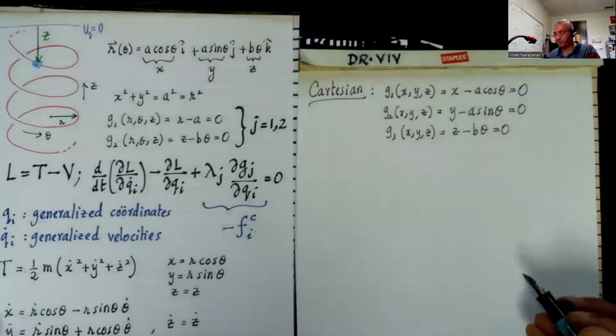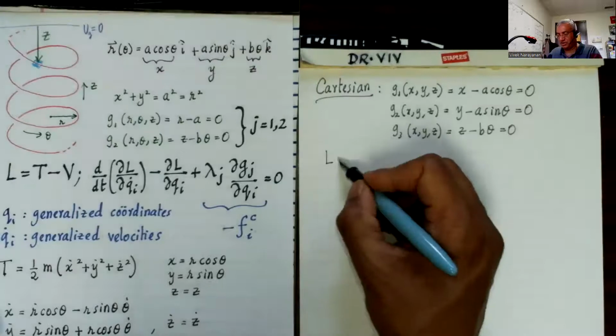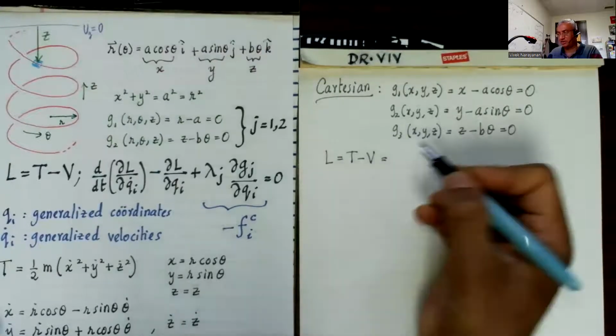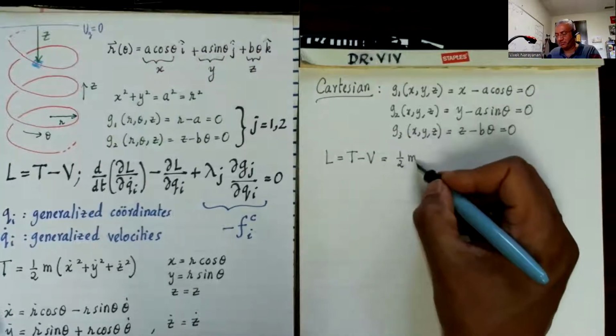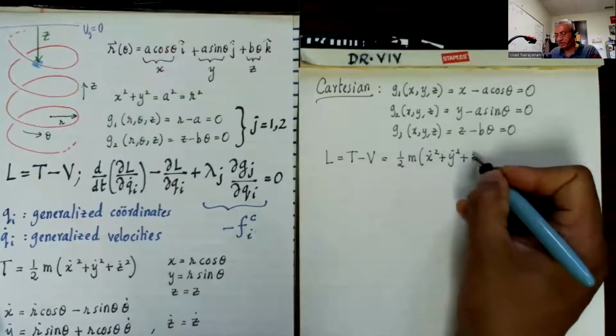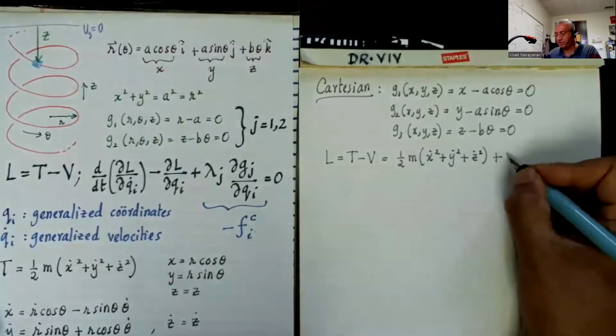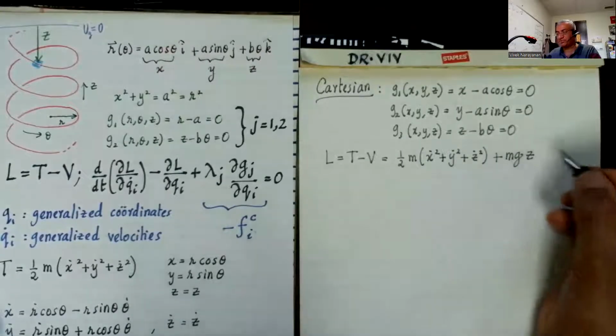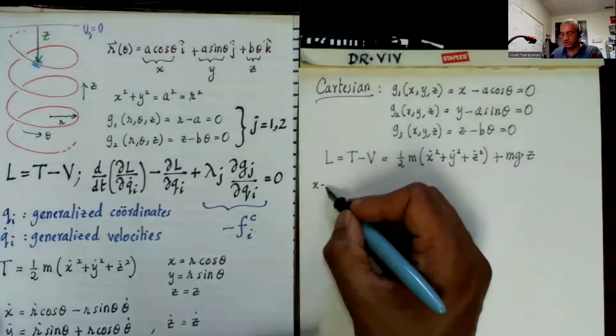But now it's G3. So we're going to write the Lagrangian down. The Lagrangian is pretty simple. L equals T minus V, and that's 1/2 m times x dot squared plus y dot squared plus z dot squared, plus mgz. Now we'll write the x equation down.